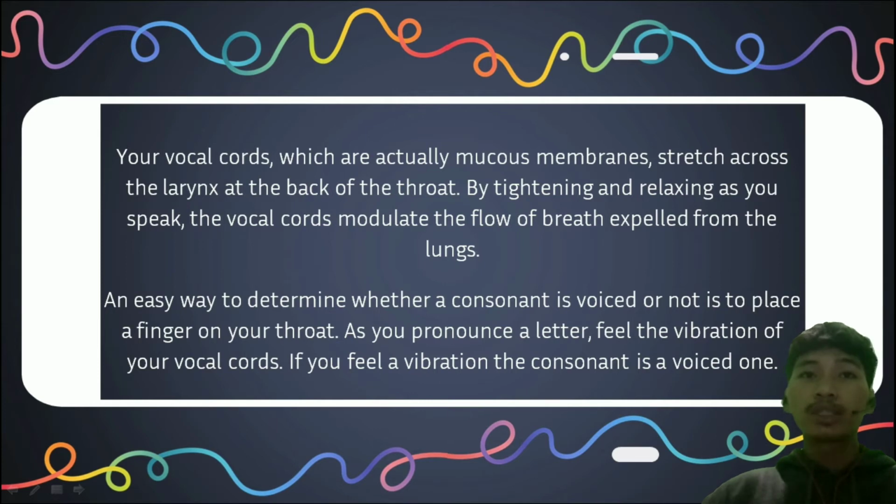An easy way to determine whether a consonant is voiced or not is to place a finger on your throat as you pronounce a letter. Feel the vibration of your vocal cords. If you feel a vibration, the consonant is a voiced one.